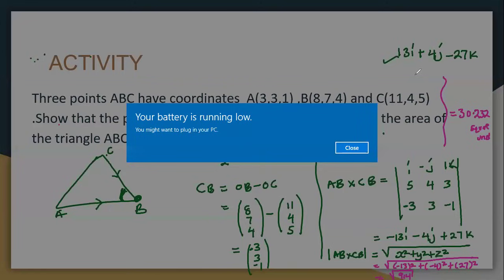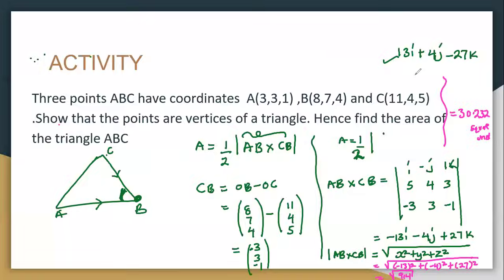Teacher, aren't you going to get the half of it? Then we get the half, yes. Okay, so we are going to multiply times the half. So the answer here, we divide by 2.